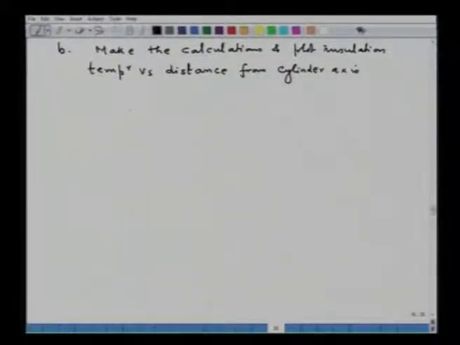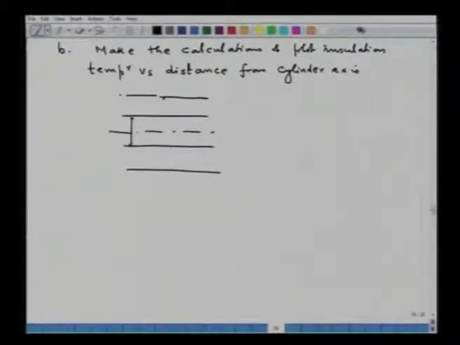So, what is required is that if this is 1 inch and the insulation side is 3 inch, as given, you have to calculate the temperature at various distances in the lining and then plot. For example, if we take this as 1 inch and this as 3 inch, we have to use the formula.